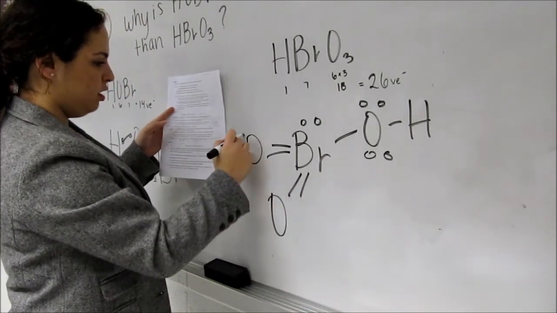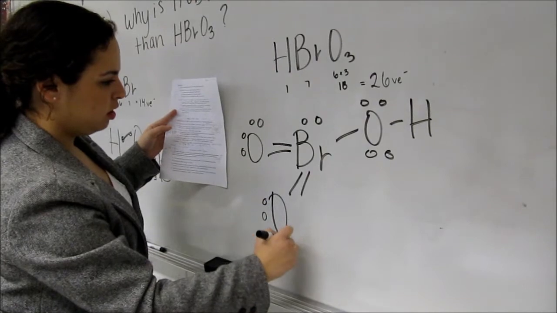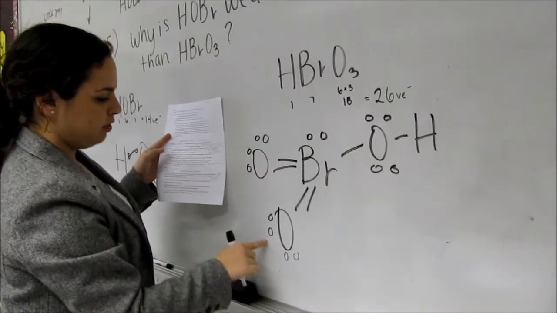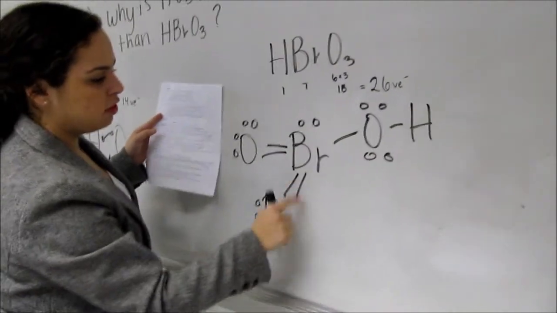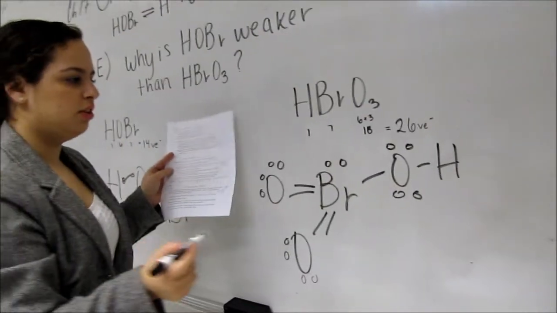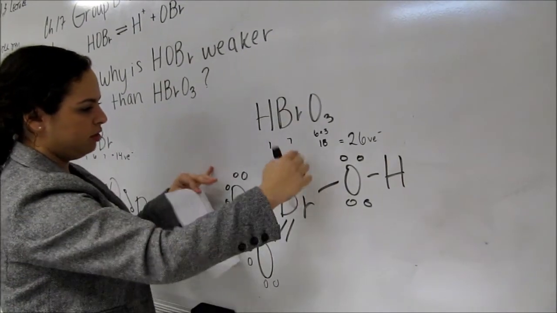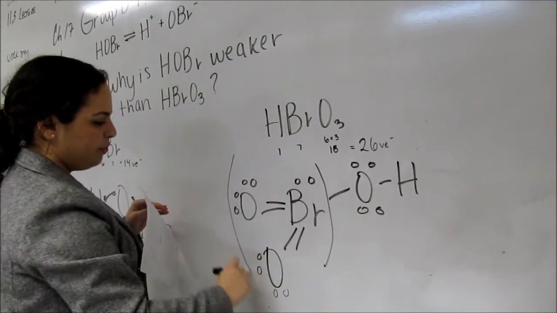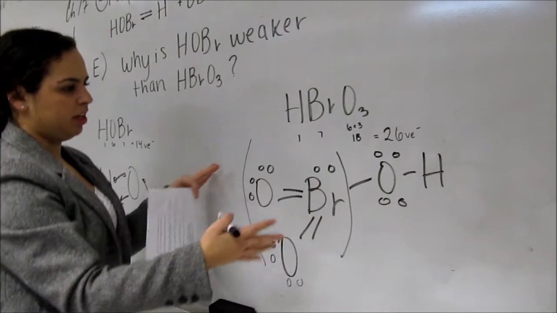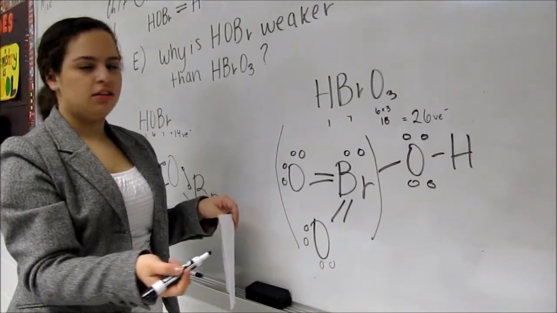And so the way that this is drawn, there are 26 valence electrons: 1, 2, 3, 4, 5, 6, 7, 8, 9, 12, 13, 14, 5 to 6. So there's 26 valence electrons in this structure, and because this side of the structure is so off balanced, then it's a stronger acid.